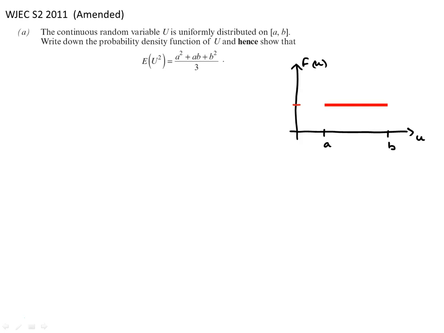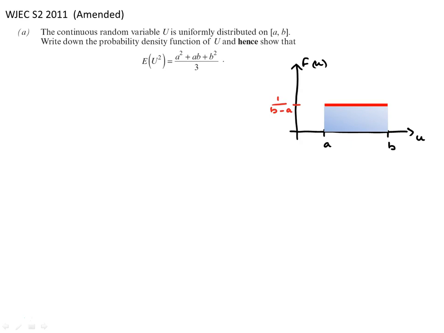We know that the area between a probability density function and the x-axis must equal 1. In this case that area is a rectangle whose base is of length b minus a, so its height must be 1 divided by b minus a.